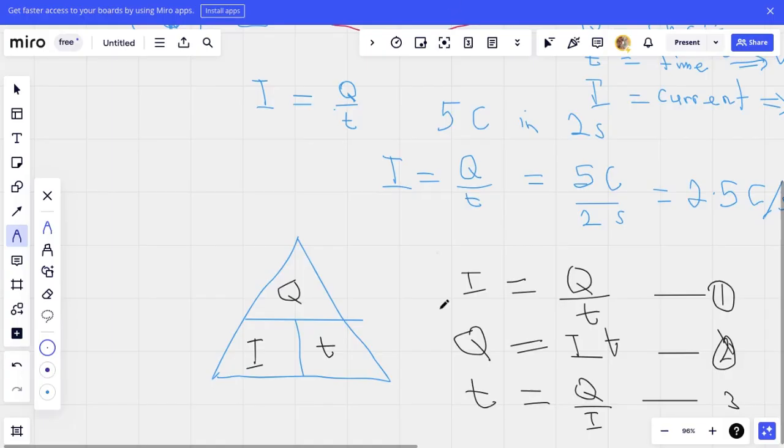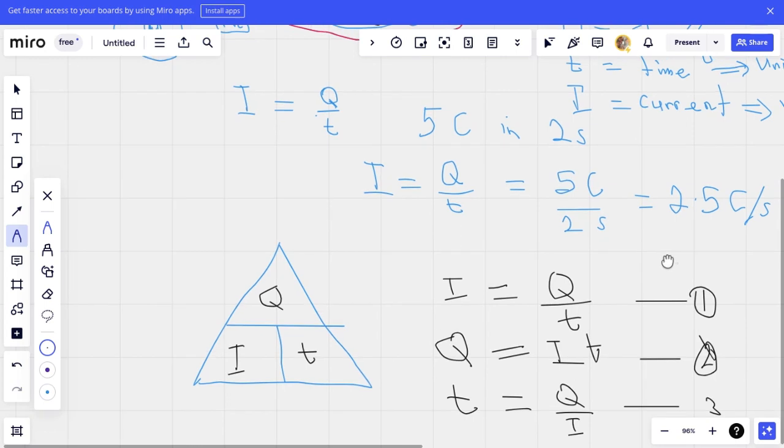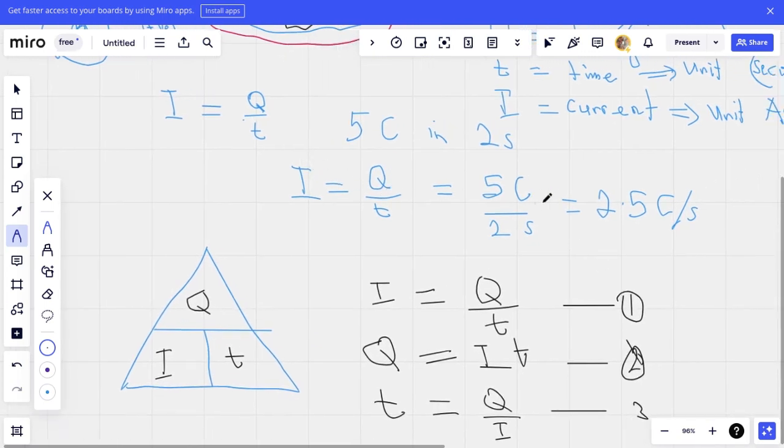We mentioned the units. The unit of charge is coulomb, the unit of time is second. The unit of current is ampere, which can also be written as coulomb per second. When we calculated the current, we wrote coulomb per second. This coulomb per second is the same as ampere.